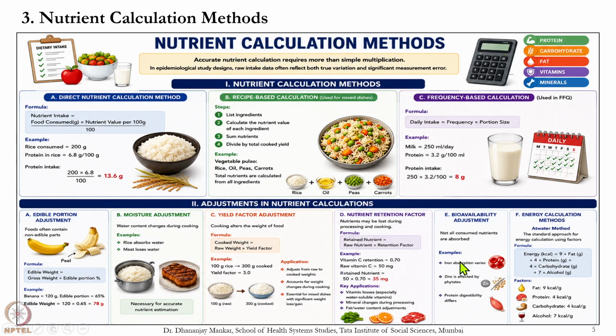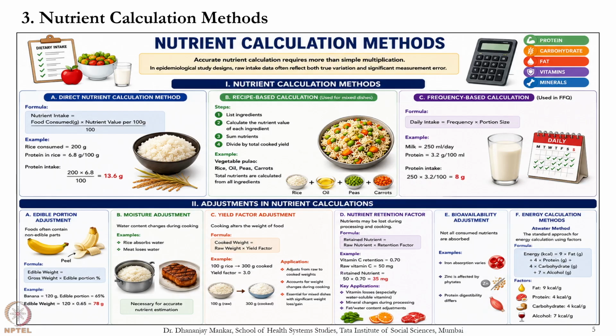Then bioavailability adjustment: not all consumed nutrients are absorbed. Many times the problem is iron, where absorption varies with bioavailability in your intestine and even body constitution. Zinc is affected by fibres, and protein digestibility differs according to development in your body.